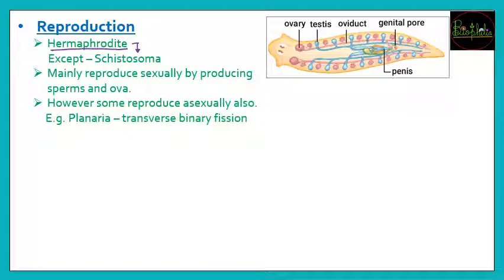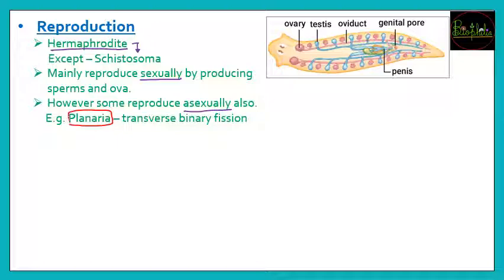Now generally the reproduction is going to occur sexually, that is by producing sperms and ova. But in some cases, since these phyla appeared at the start of evolution, they can reproduce asexually as well. So one example of flatworms that reproduces asexually is planaria.